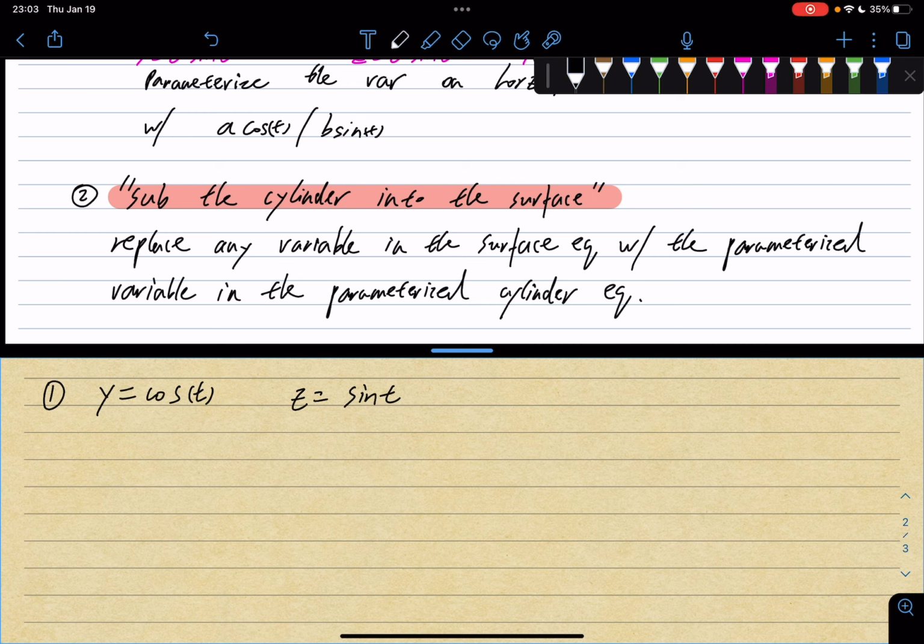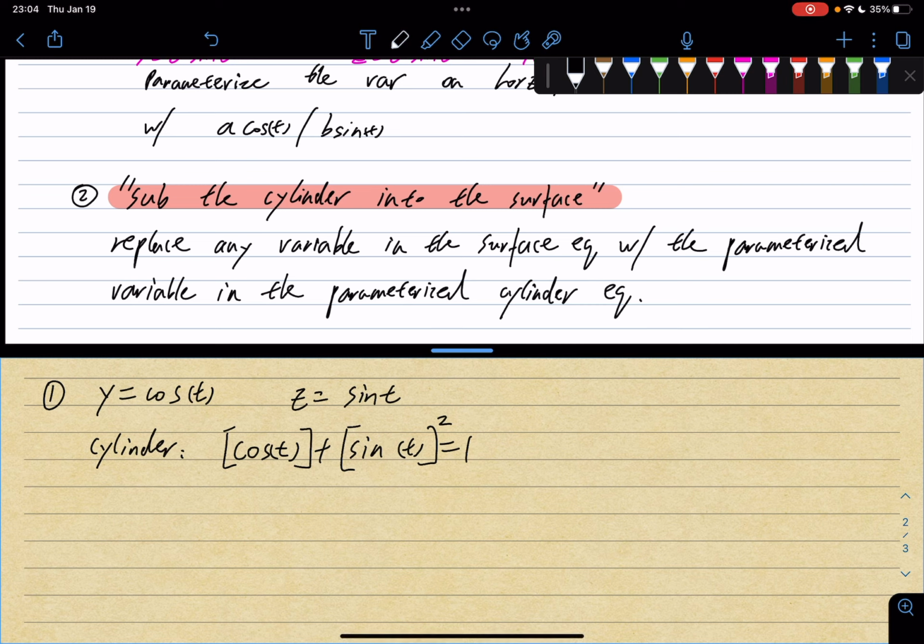So the cylinder is cosine of t squared plus sine of t squared equals 1. I'm going to write it this way so I don't confuse anybody.